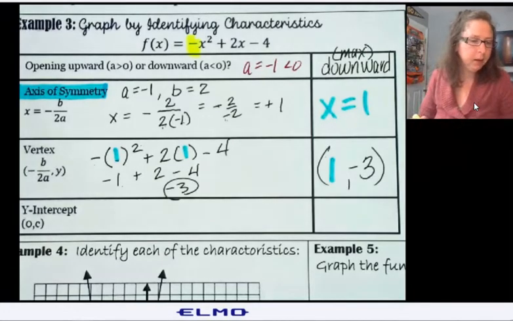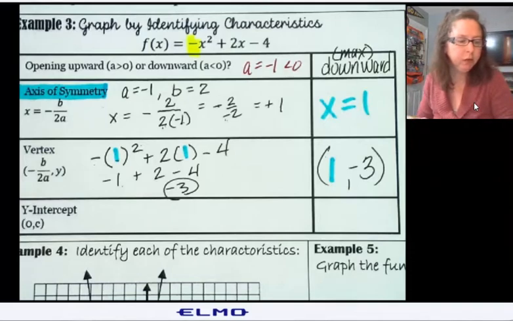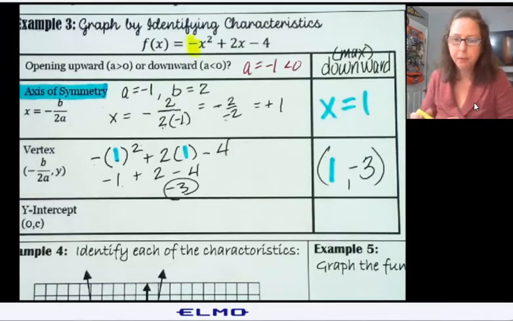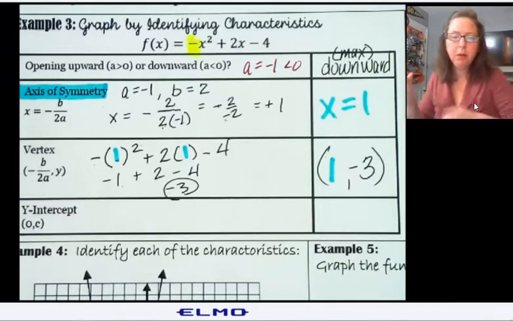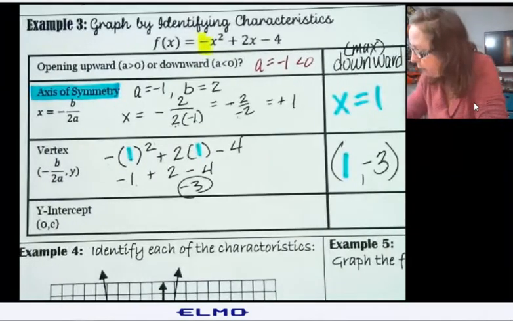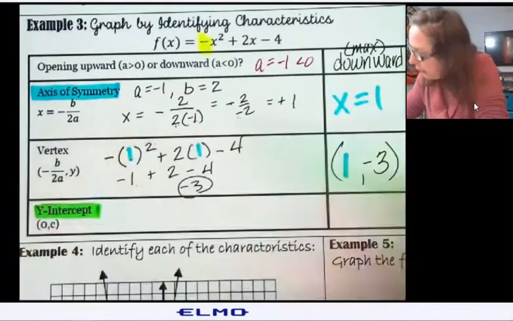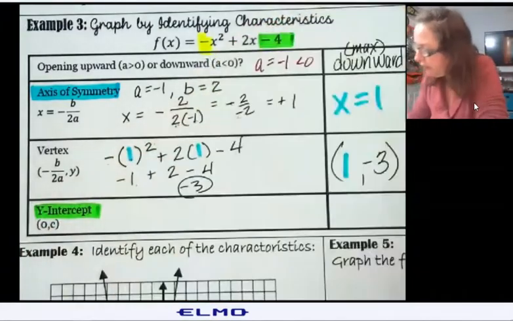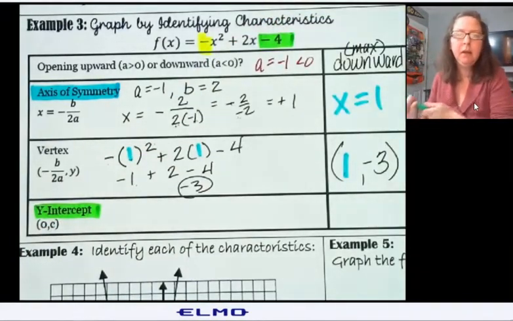All right. Next thing that we want to do is identify the y-intercept. If you remember from our vocabulary sheet, the y-intercept is simply the value of c in the standard form equation.